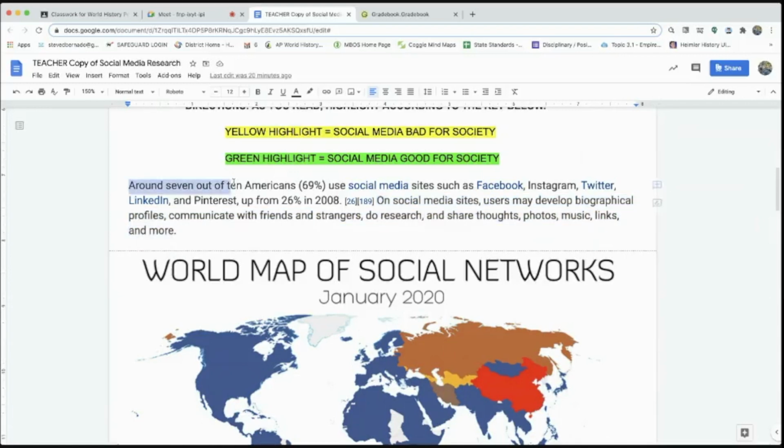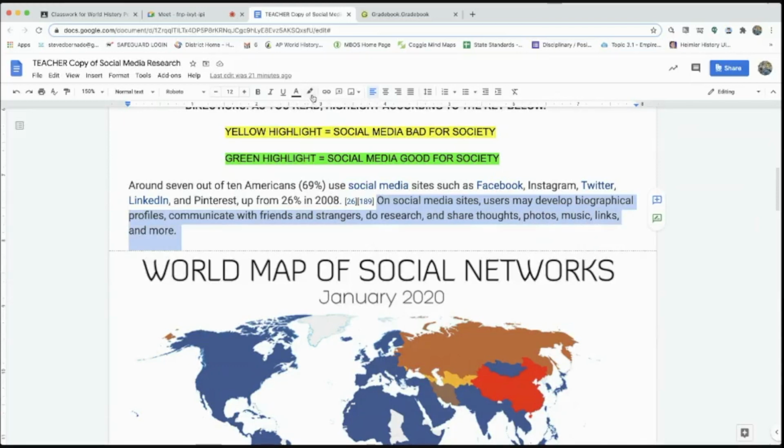Well, the first piece of data that we just read is that more people are using social media than ever before. So that's really to inform more than anything else. We don't really know if it's good or bad. Over here, this implies users develop stories about themselves, communicate with friends and strangers, share their thoughts, photos, music, links, and more.